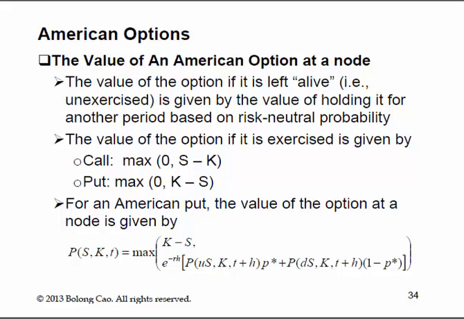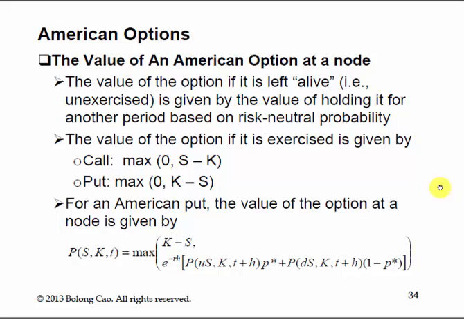You hold it for another period and keep it alive, then that's one value. Another possible value is to exercise it on that node. You get an instantaneous payoff, or say the intrinsic value. For a call, it's either 0 or the stock price minus the strike. For a put, it's either 0 or strike minus the stock price, whichever is higher.